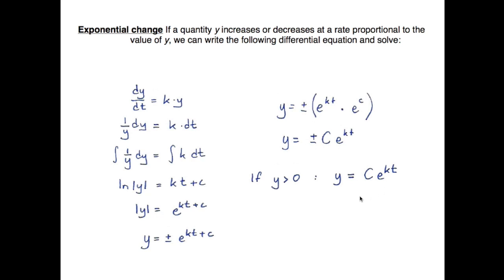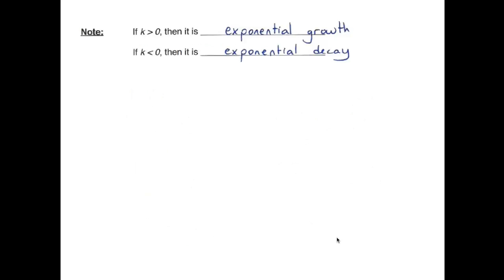It's often like that because, as I said earlier, in these exercises we're going to talk about money in a bank, populations in cities, or bacteria. So the quantity y is often going to be a positive number. We don't have negative populations, for instance. If k is greater than 0, then we talk about exponential growth. If k is less than 0, then we talk about exponential decay.